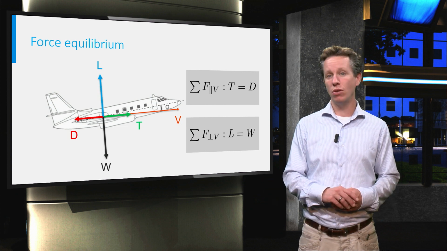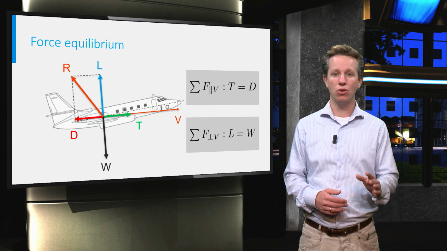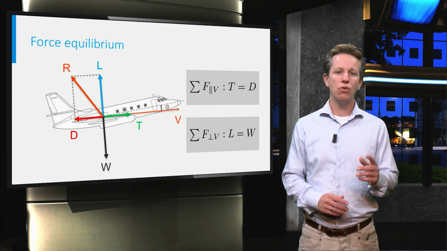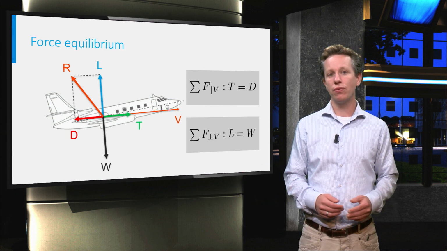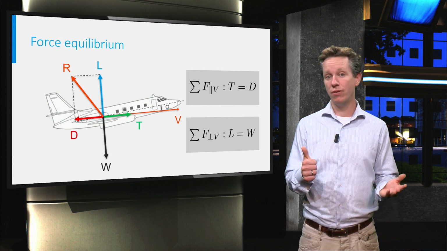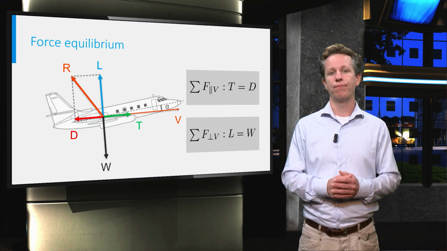In fact, there is only one resulting aerodynamic force acting on the aircraft as a result of the airflow around the aircraft. It is convenient to separate the resulting force into a component perpendicular to the direction of flight, lift, and one parallel to the direction of flight, drag.